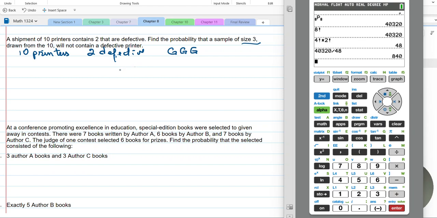How would I say that? So we would then say 1 minus less than or equal to 2 defective.